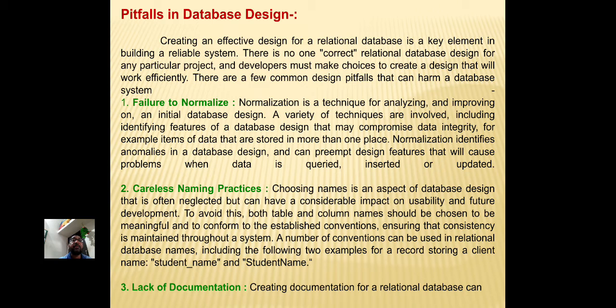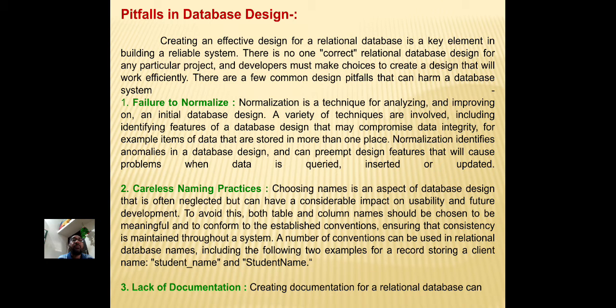Second, careless naming practice. Choosing names is an aspect of database design that is often neglected but can have a considerable impact on the usability of future development. To avoid this, both table and column names should be chosen to be meaningful and to conform to established conventions, ensuring that consistency is maintained throughout a system.